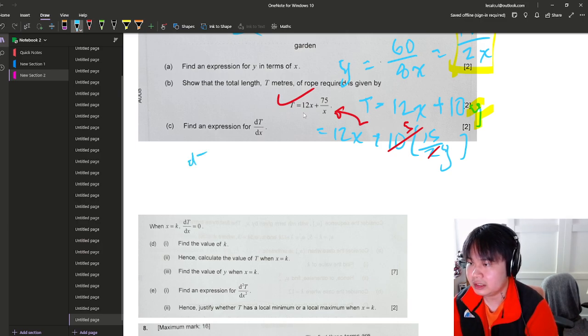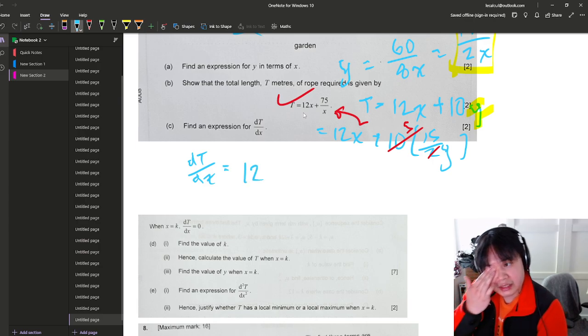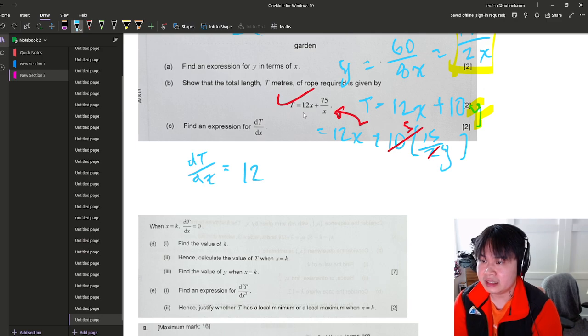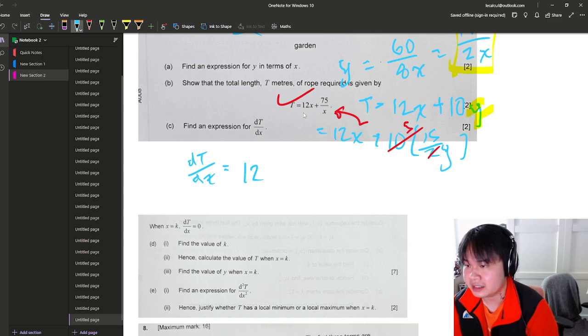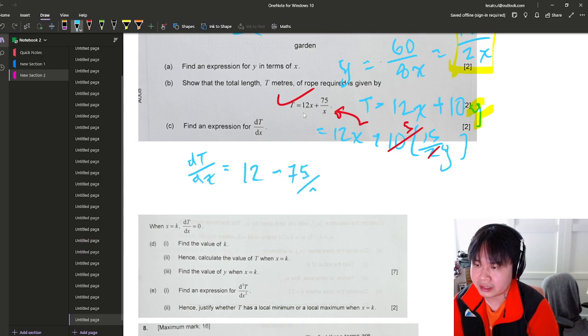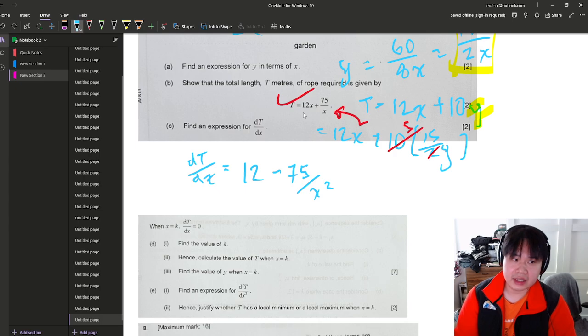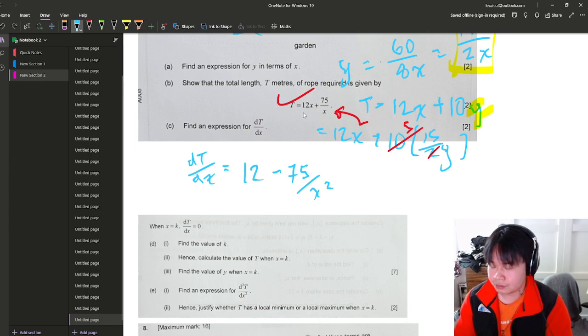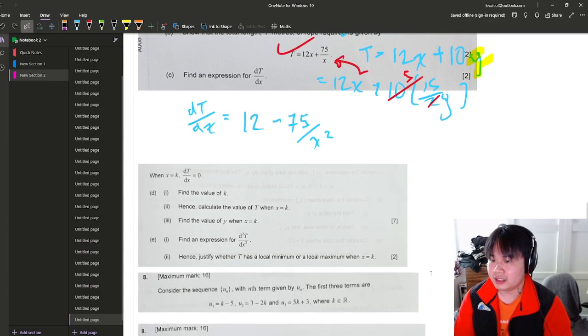So dt dx, take the derivative: 12x becomes 12, and then this thing, 75 over x, becomes negative 75 over x squared. Simple derivative. You can use your derivative rules. And then let me just double check that I did this properly. I think I did. Okay.